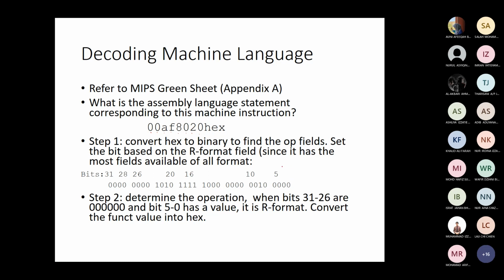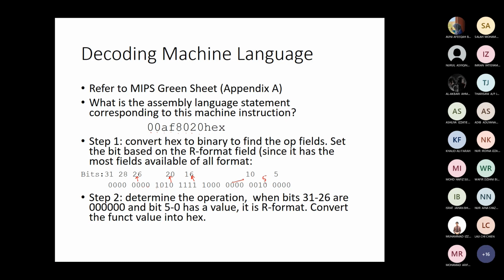And then I would write the bit positions. So this is 31 to 28, and then this is 27, this is 26, 25, 24, 23, 22, 21, 20, and then this is 16, and then 15, 14, 13, 12, 11, 10, and this is 5.